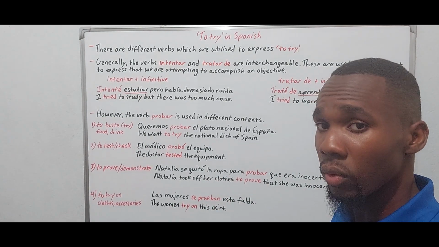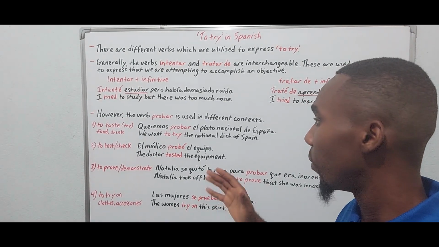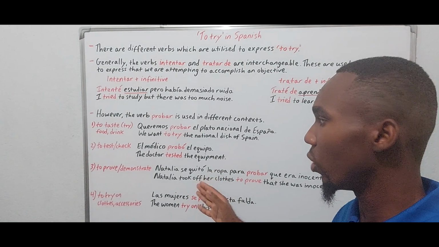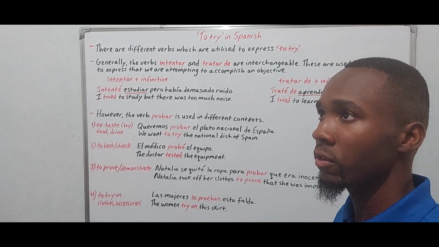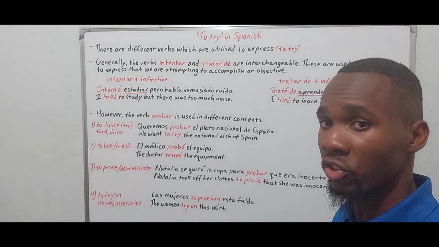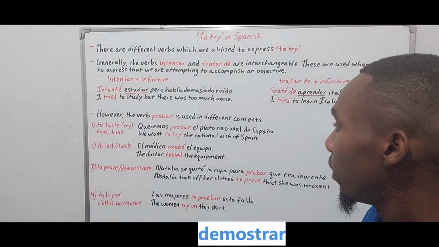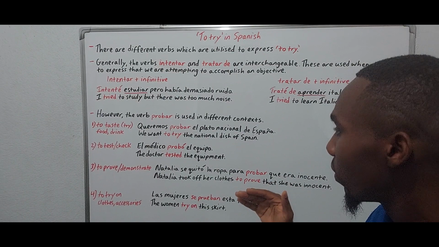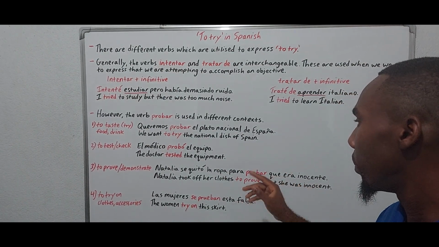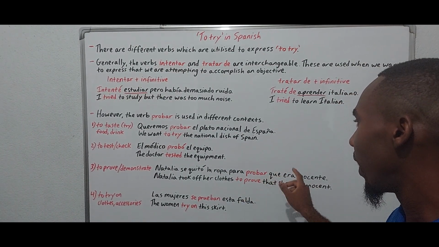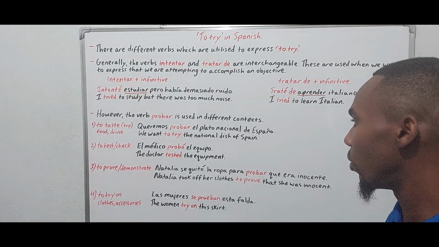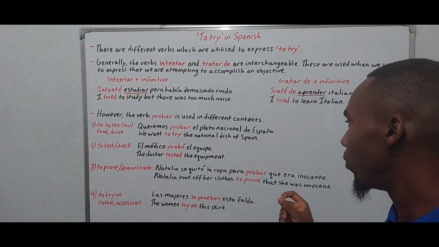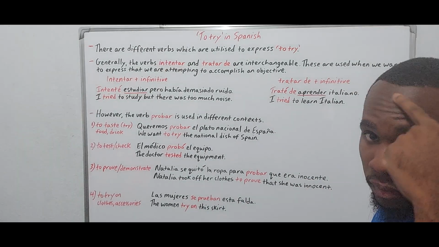En tercer lugar, to prove or to demonstrate. So in this context, probar would be a synonym of demostrar. Natalia se quitó la ropa para probar que era inocente. Natalia took off her clothes to prove that she was innocent.